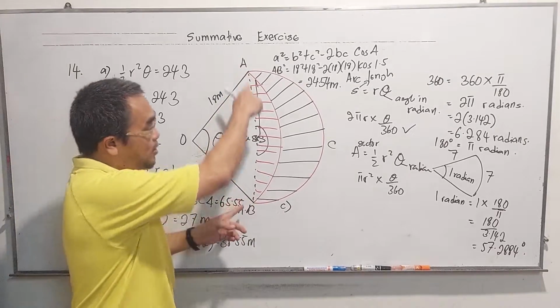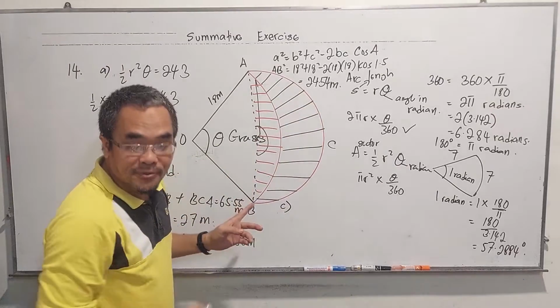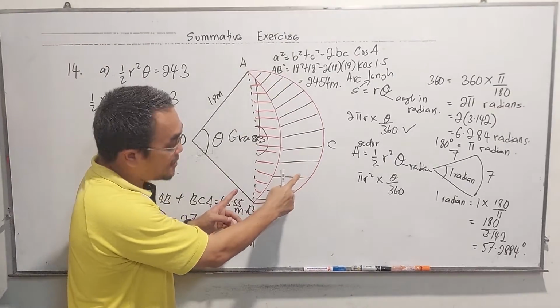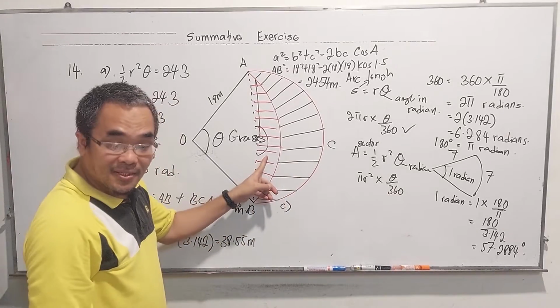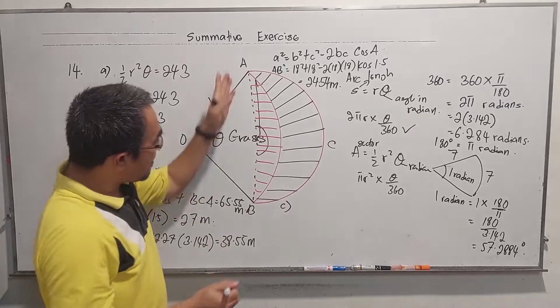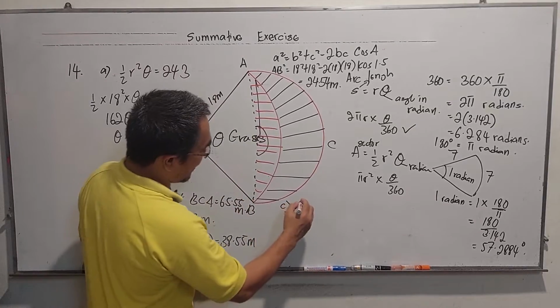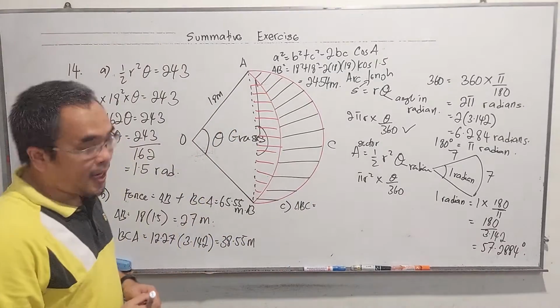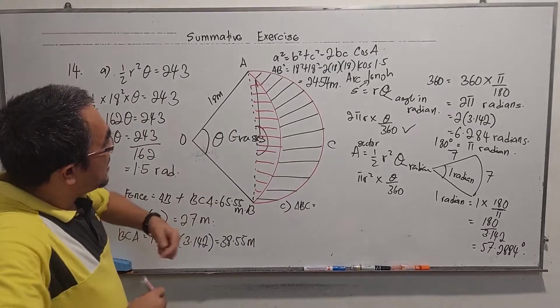Because after that you calculate the area of the half circle. The half circle is the black shaded region plus the red shaded region. So I could calculate ABC first, the area.